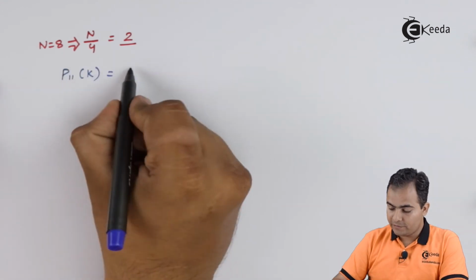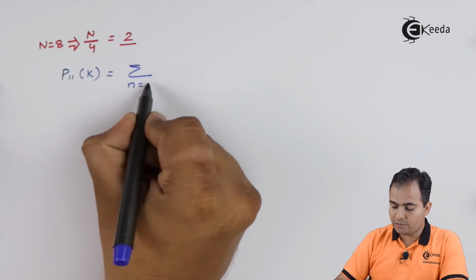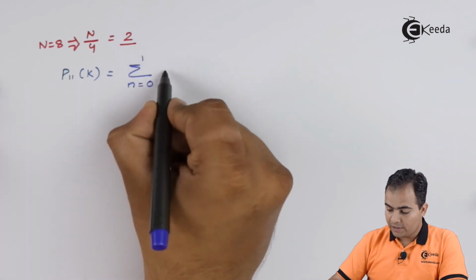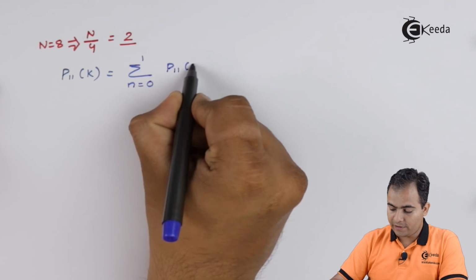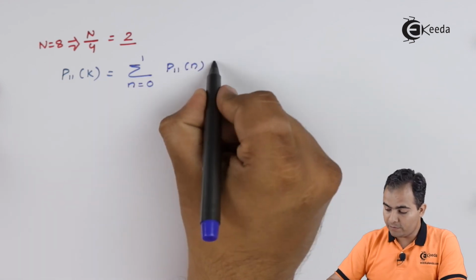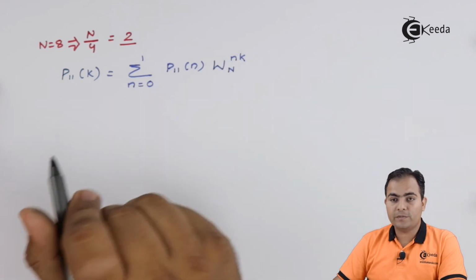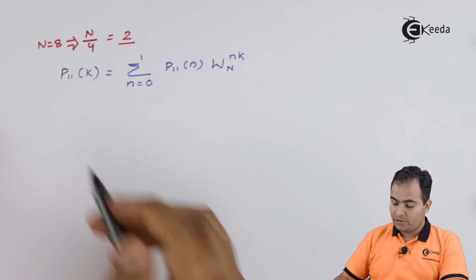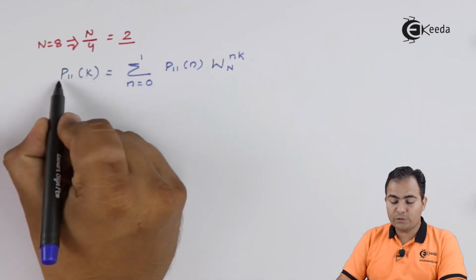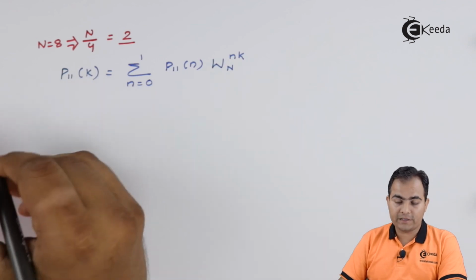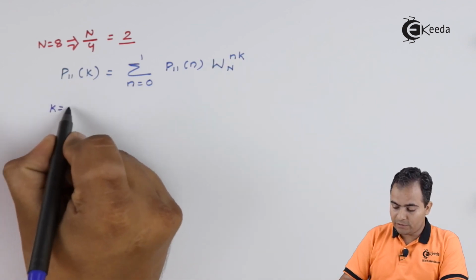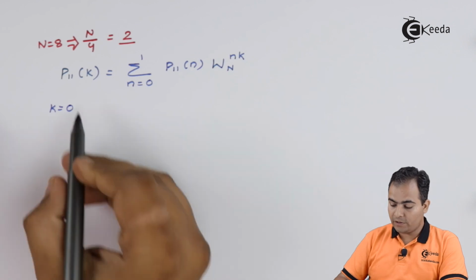For 2 points, we will substitute n equals 0 to 1, and here we have P11 of n, which will be multiplied with omega n to the power nk. So first of all, for 2 points, you will also get 2 values of P11 of k. First we substitute k equals 0. Then what will happen?